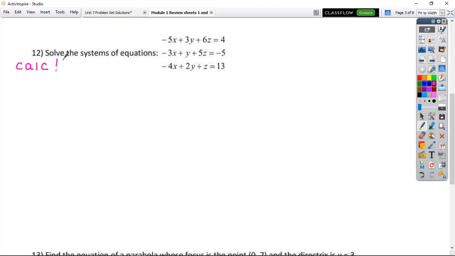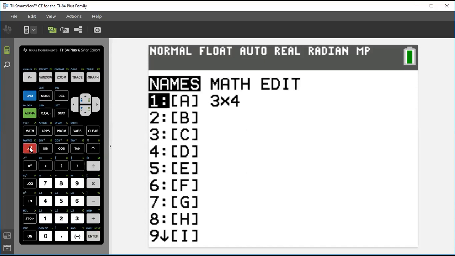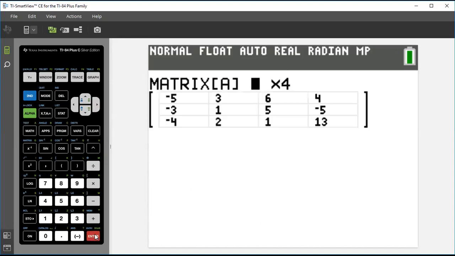You're going to go right into your calculator and you're going to type this into the matrix. And I believe that mine is still in there just for the sake of time. Okay, so you're going to hit second matrix. You're going to go over to edit and hit enter.